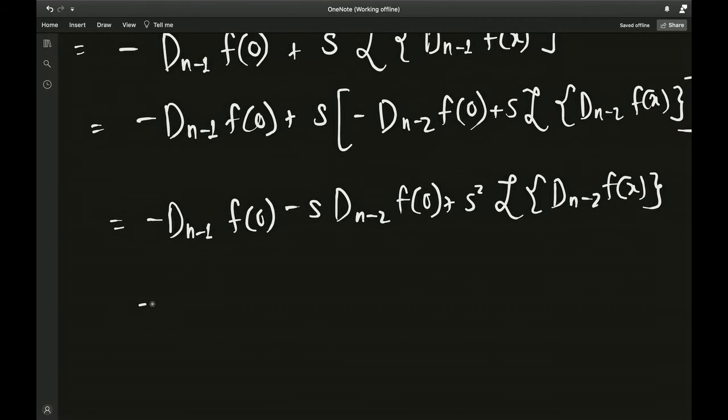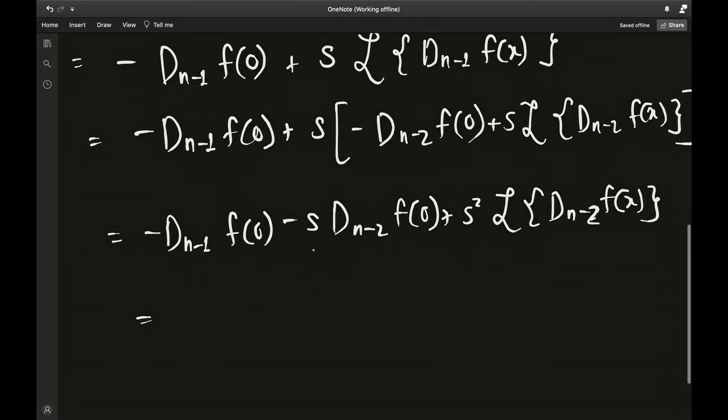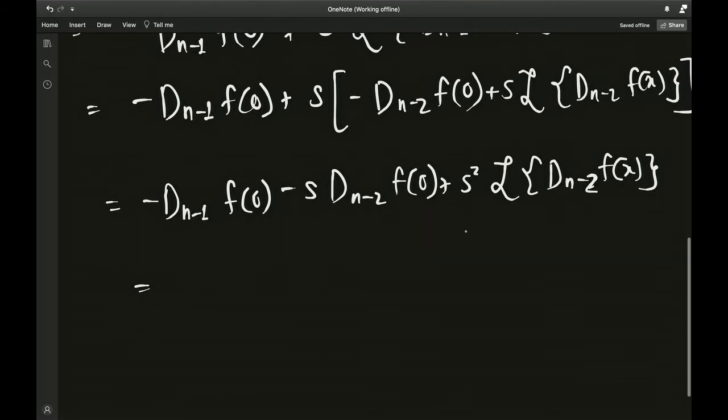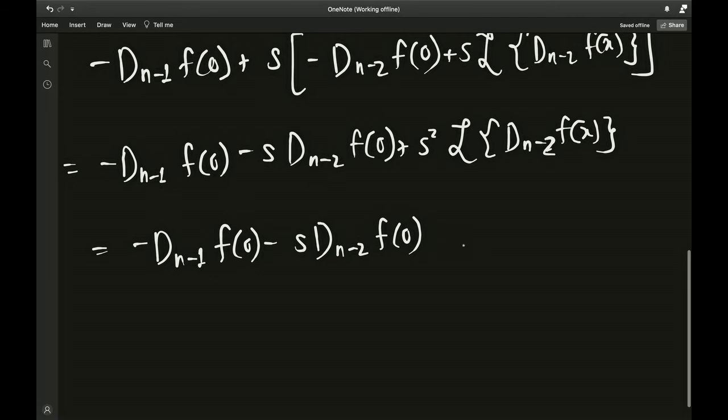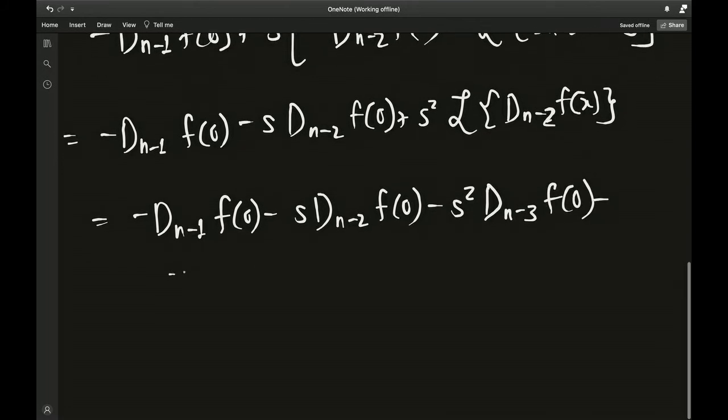And I can just keep doing that to keep on reducing the order of the derivative, because first we had an nth derivative, now we have an n minus 1th derivative in the Laplace transform argument. So I can just keep doing this, and eventually I end up with a nice pattern which may not be quite intuitive at the start. So we have minus s squared times the n minus 3rd derivative of f of x at 0, and so on, down to minus s to the n minus 1 times the 0th derivative.